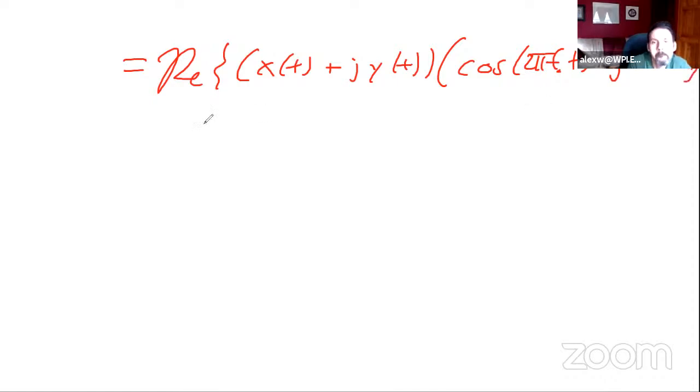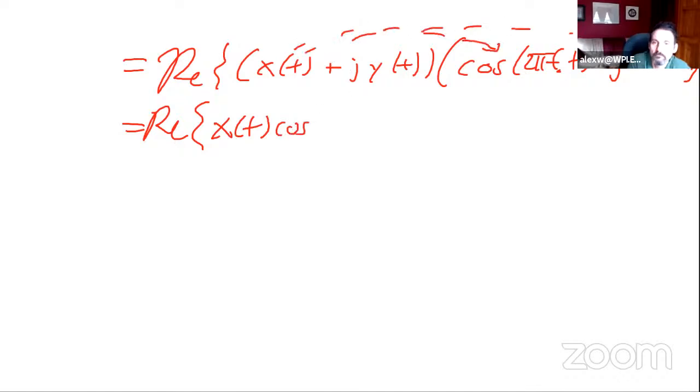We work this out. We multiply this with this, this with this, this with this, this with this. So we should have four terms.